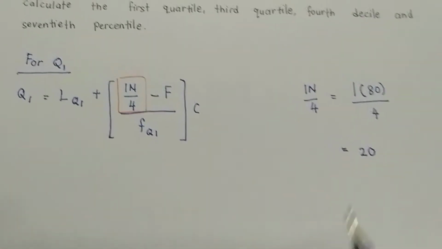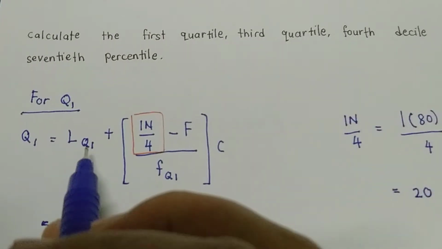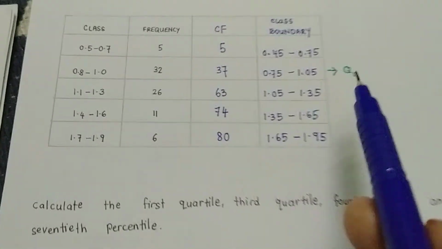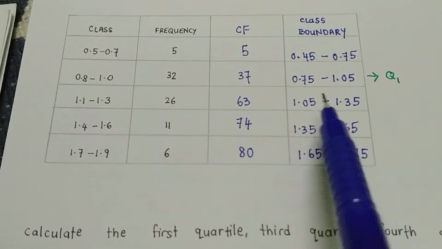Okay, so we go back to the formula. LQ1 is the lower boundary for Q1 class. So the lower boundary is 0.75.